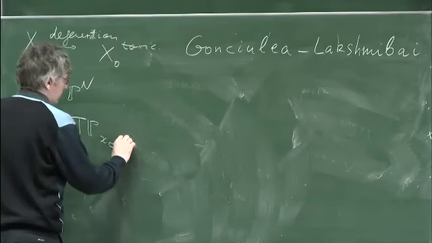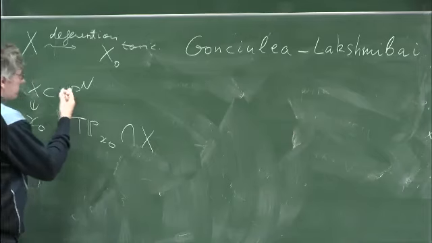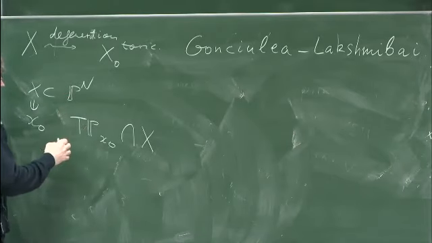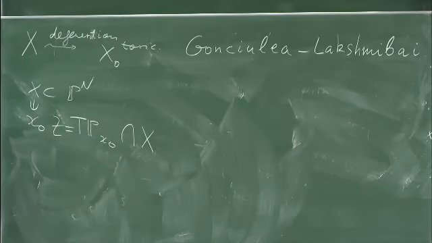So we intersect it with the X itself inside this projective space. And this is actually our variety Z. So it's the variety of lines coming through a given point.